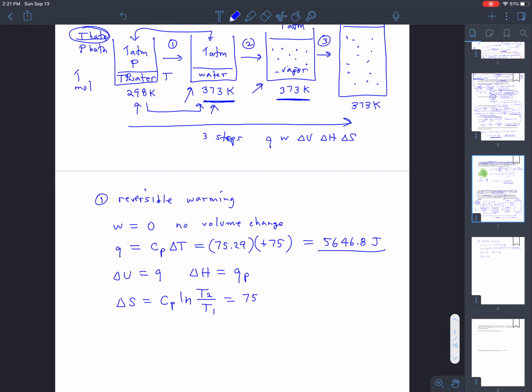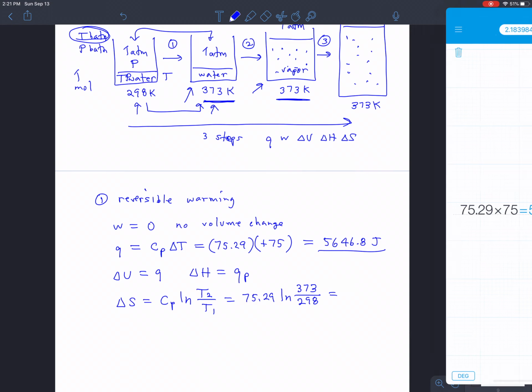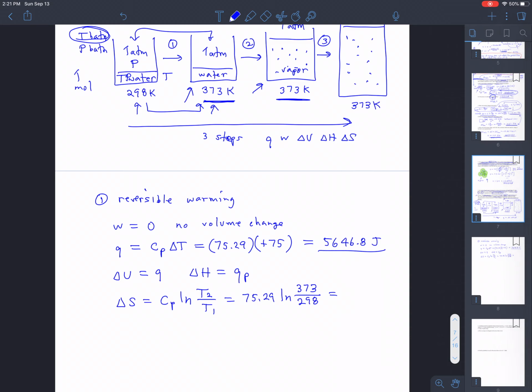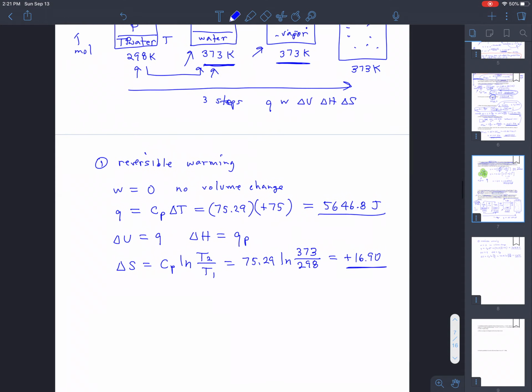That's equal to 75.29 log of 373 over 298, and that is equal to plus 16.90. Positive entropy change. Why? Because we warmed things up. We put energy into the system. All right, that's step number one.